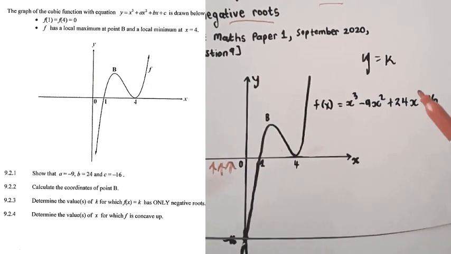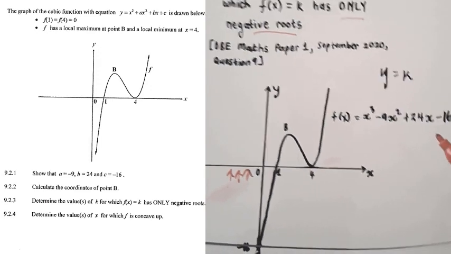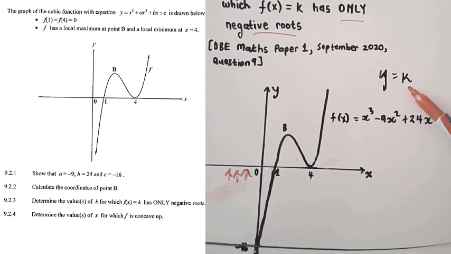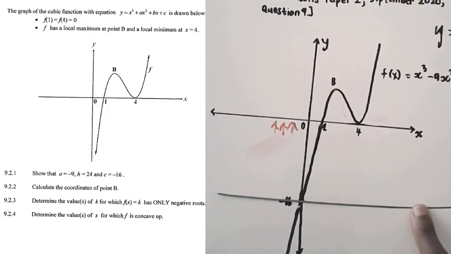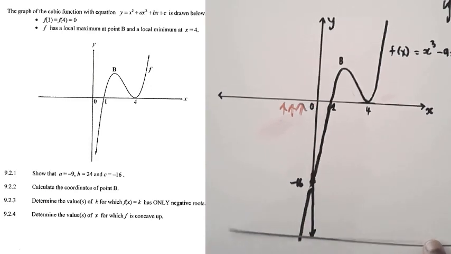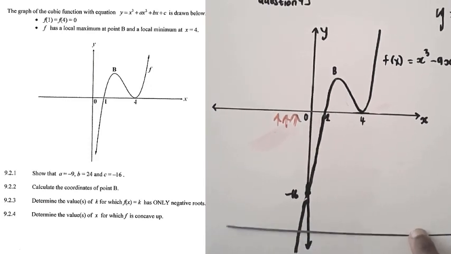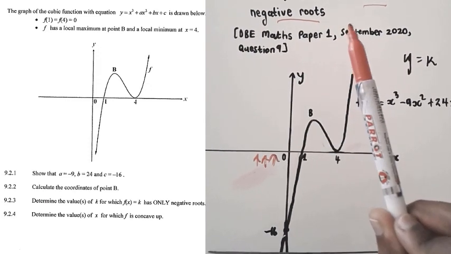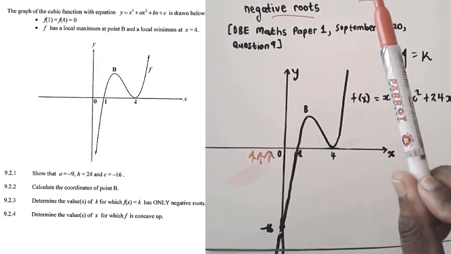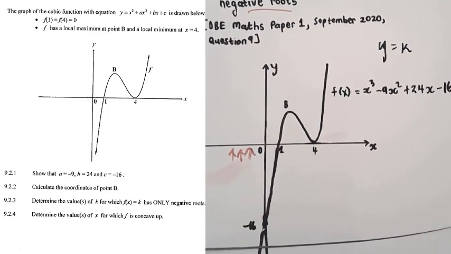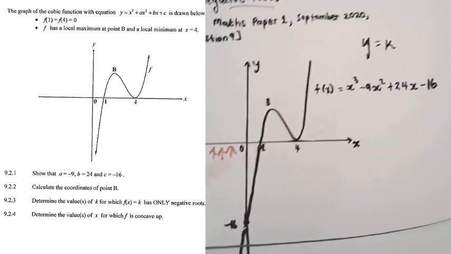So basically your answer will be, whenever we choose k values less than negative 16, anything going downwards, then we will satisfy that condition of when f of x equals k, we'll only have negative roots. Then you write down your answer.